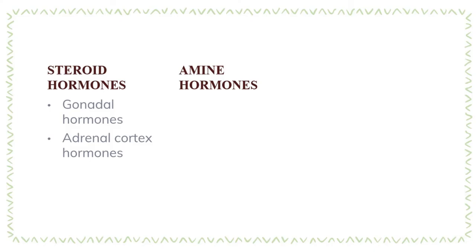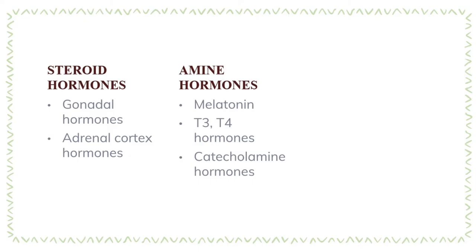Hormones derived from the modification of amino acids are referred to as amine hormones. For example, melatonin, T3, T4 hormones, and catecholamine hormones. Peptide hormones.